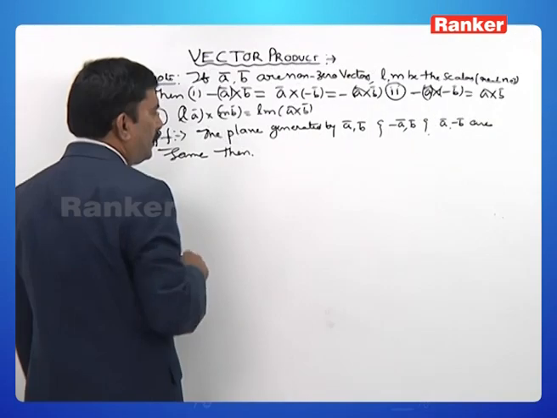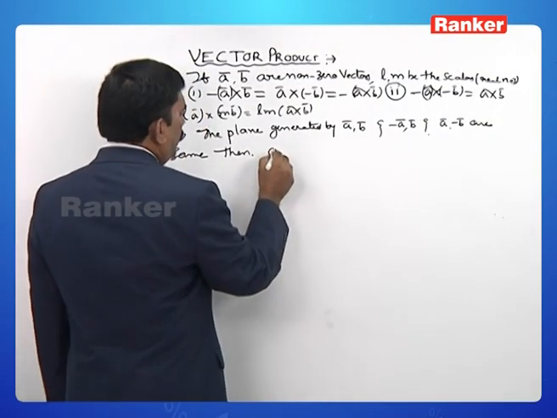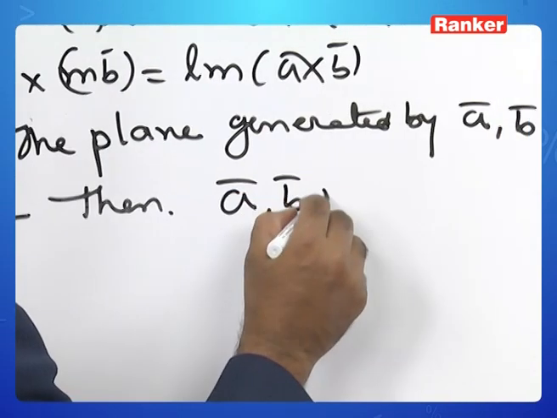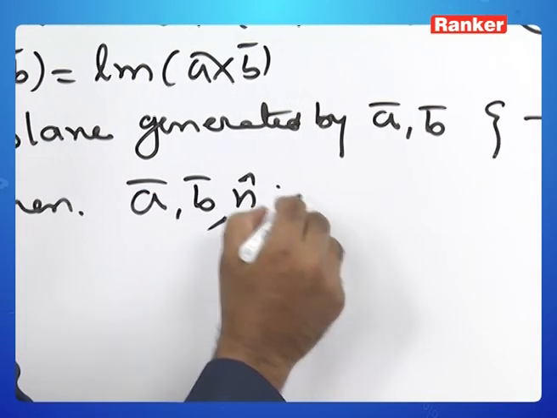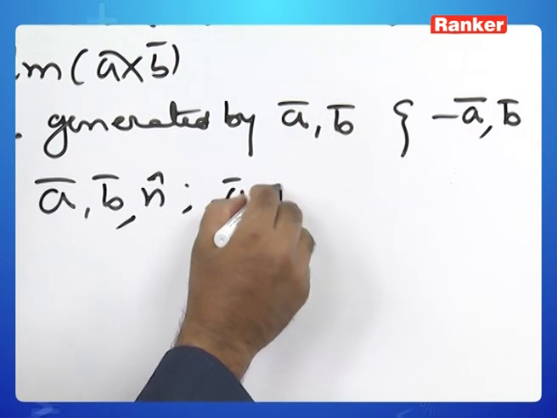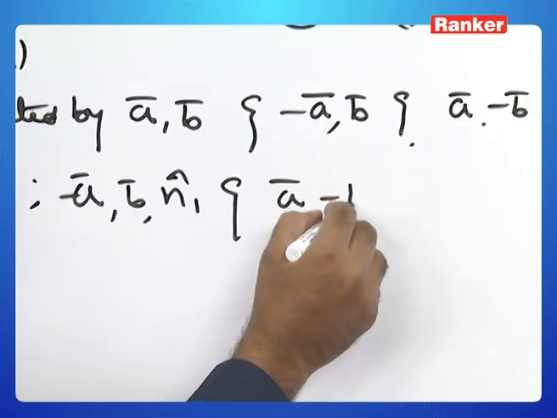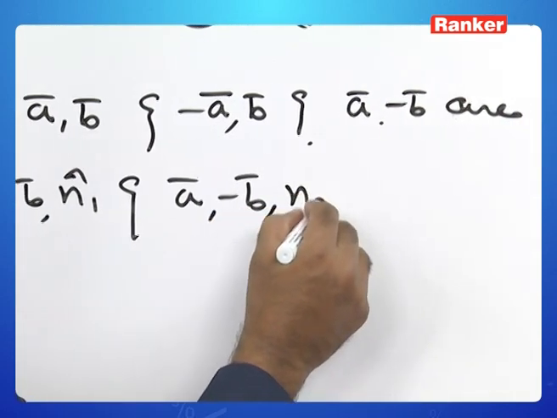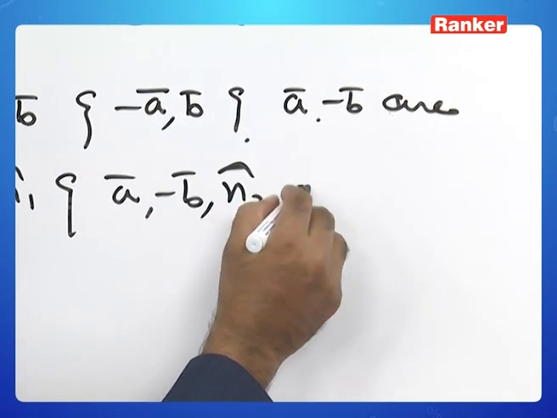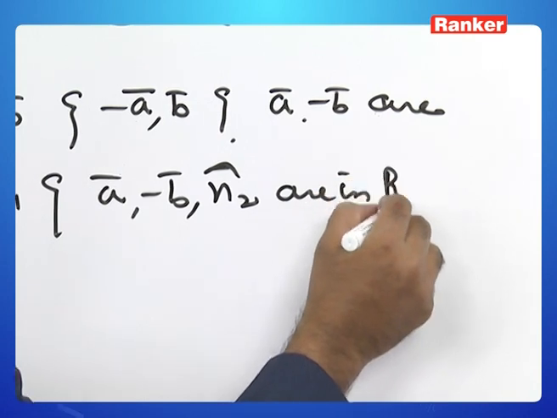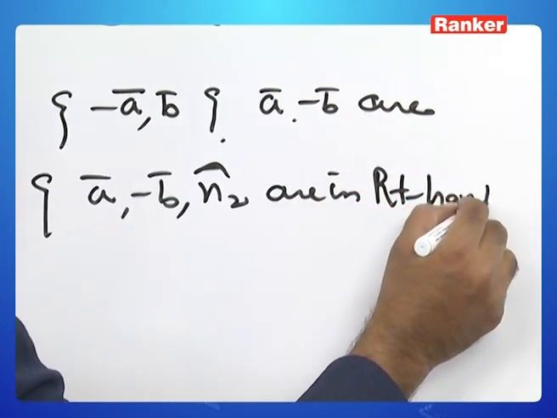Then A bar, B bar, n cap, minus A bar, B bar, n1 cap and A bar, minus B bar, n2 cap are in a right-handed system.